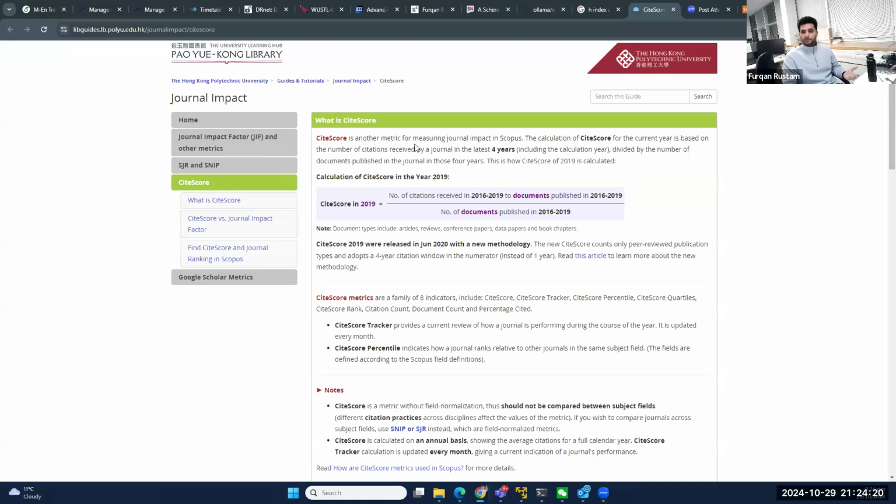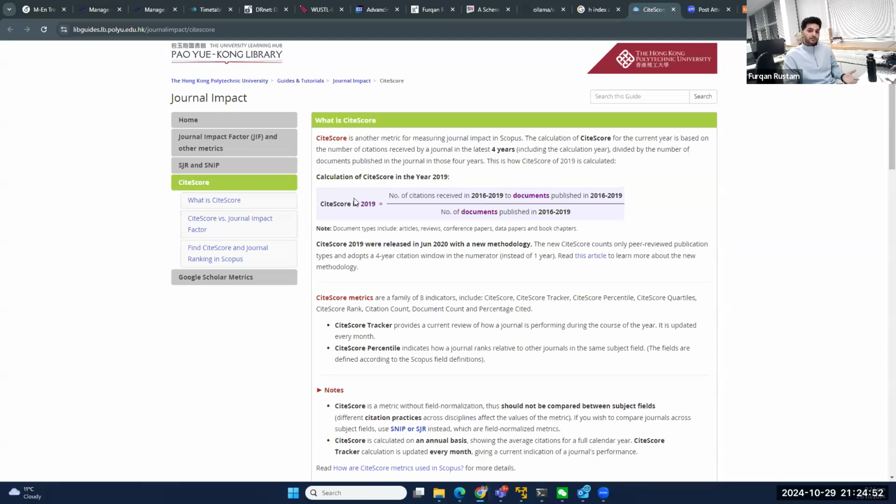CiteScore is the metric for evaluating the quality of the journal in Scopus. Scopus calculates this CiteScore, and if they want to calculate the CiteScore, let's suppose for 2024, they will take the citations of the last 4 years, like 2023, 2022, and 2021, and the total number of papers published in that time.